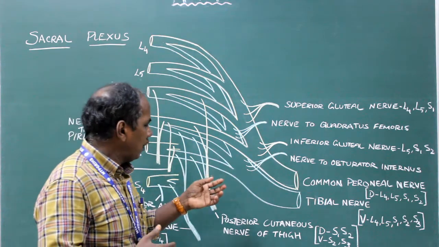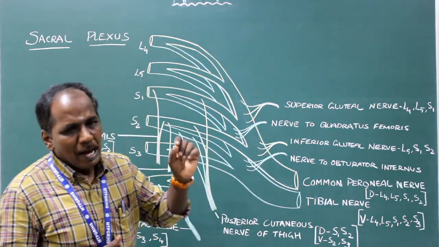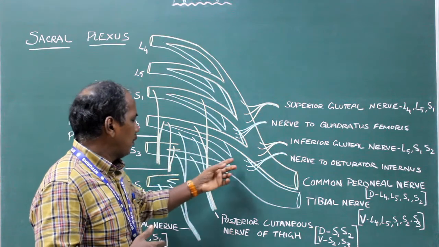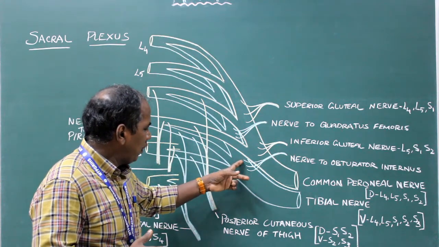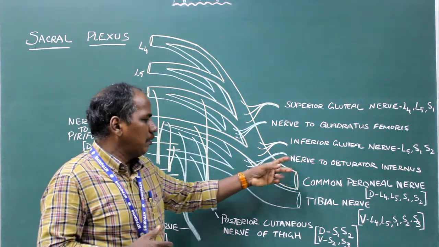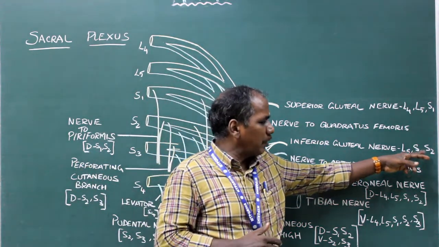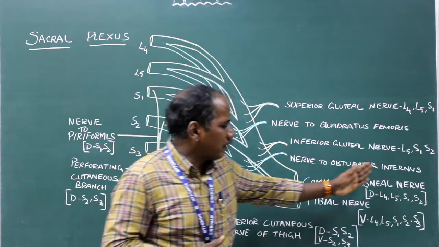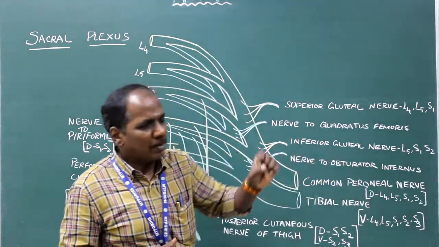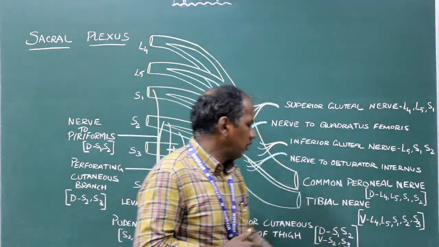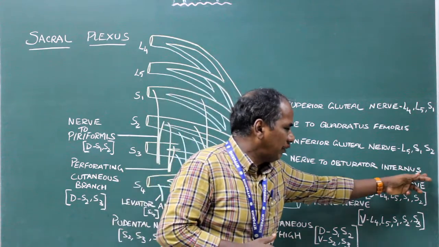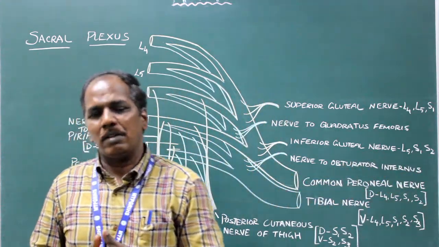It is formed by the branches arising from the ventral division of L5, S1 and S2 spinal nerves. So inferior gluteal nerve, dorsal division of L5, S1 and S2. Now the nerve to obturator internus, ventral division of L5, S1 and S2.